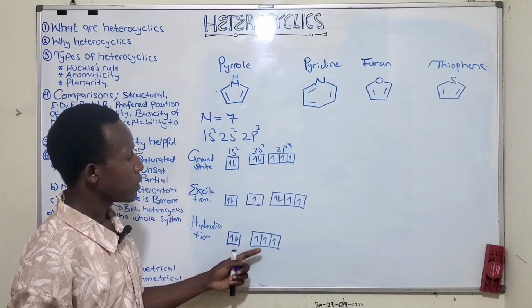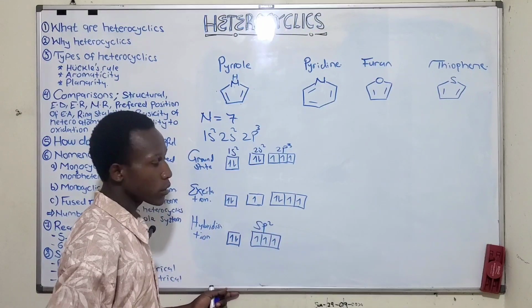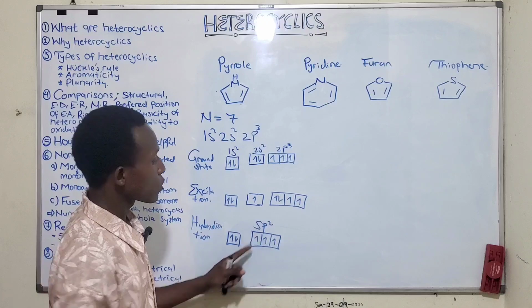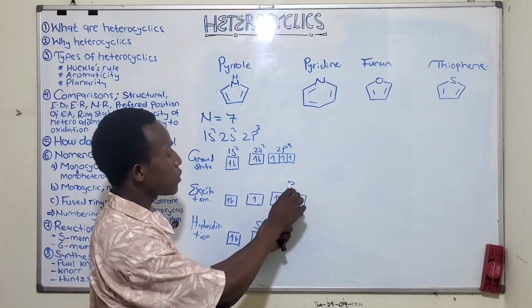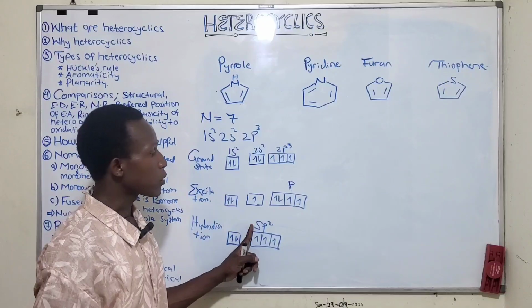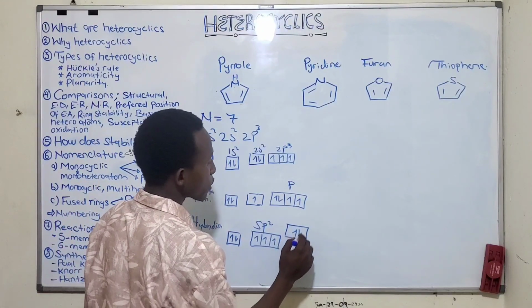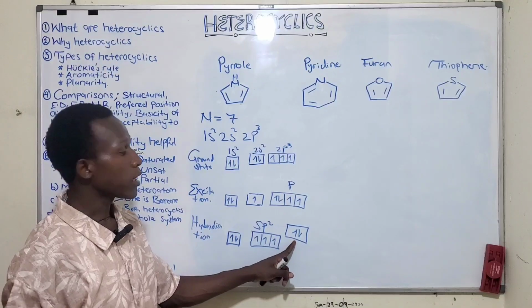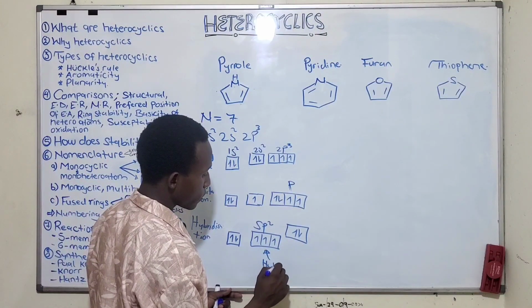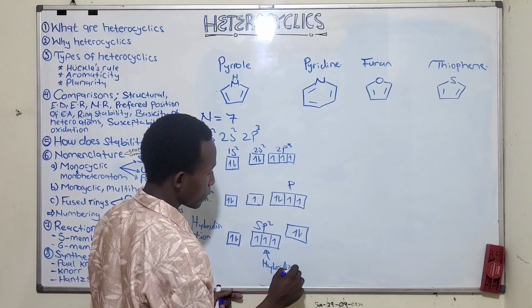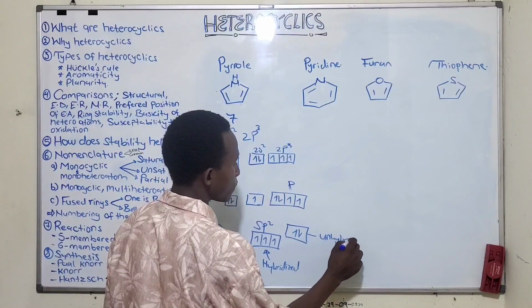Remember, this is sp2: 2 electrons from the p orbital and 1 electron from the s orbital. And we shall have these electrons remain unhybridized. This is the hybridized orbital, and this is unhybridized.